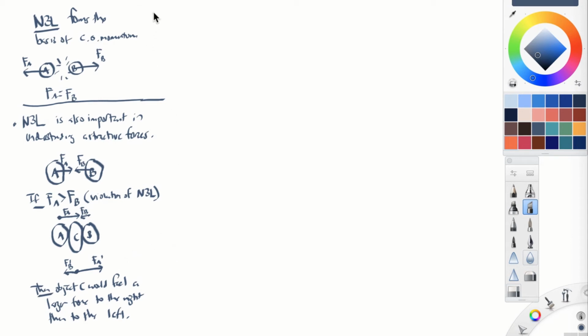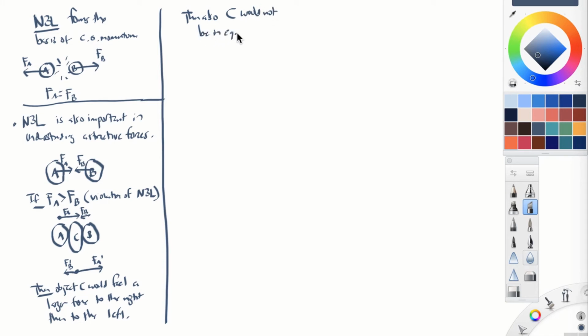And if that object C feels a bigger force to the right than to the left, then C would not be in equilibrium. Rather, it would accelerate rightward. After all, there would be unbalanced forces acting on it. So the object C would begin accelerating to the right.